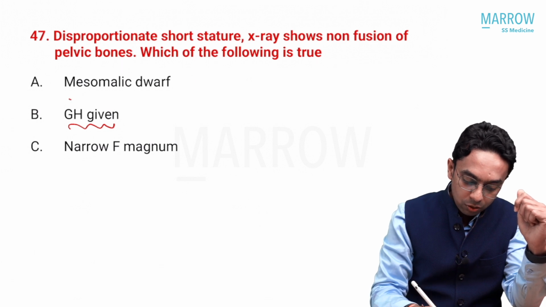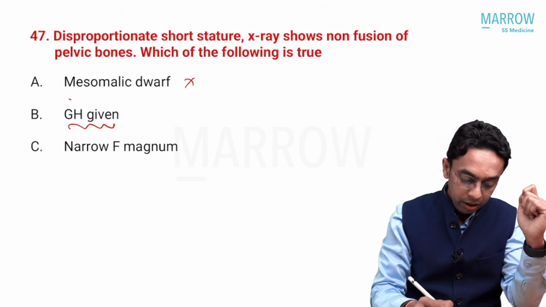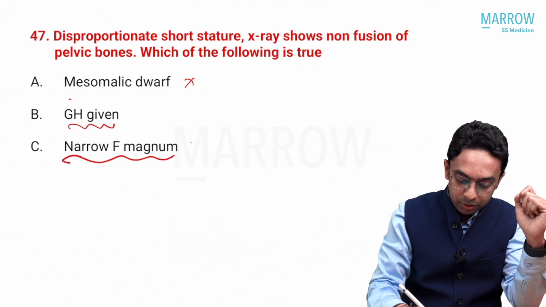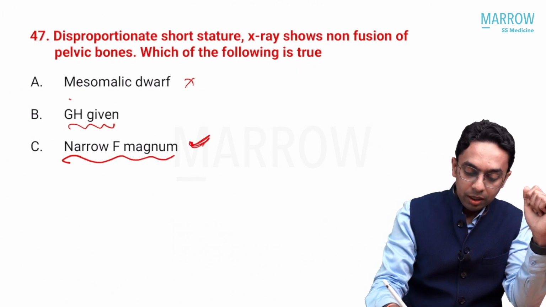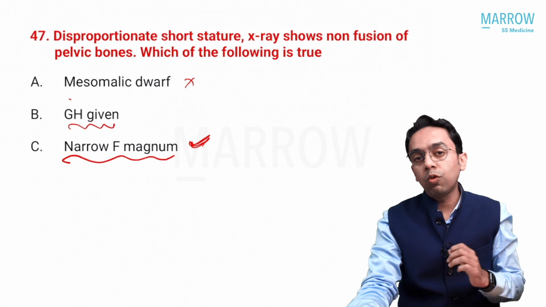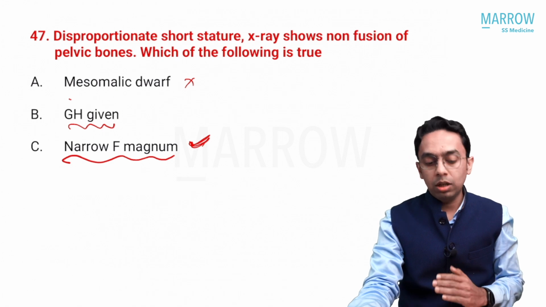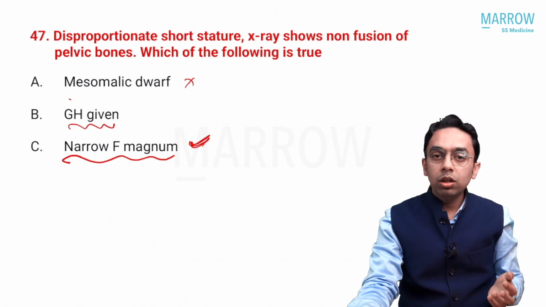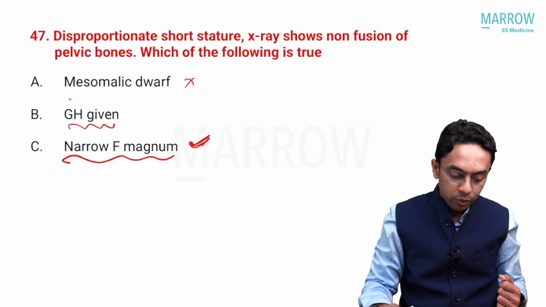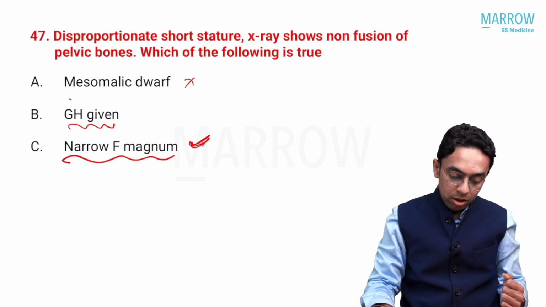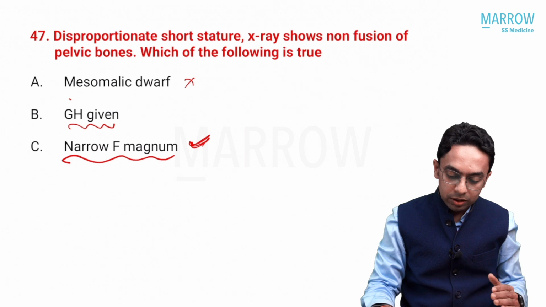Mesomelic dwarf is wrong. They are rhizomelic. Narrow foramen magnum is correct. But exactly whether this question was about achondroplasia or not, I cannot say. We want more details regarding the question. Okay. So I am not covering this in much detail here.